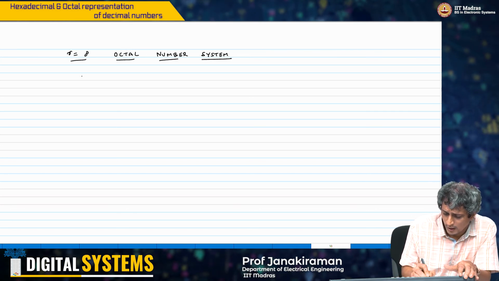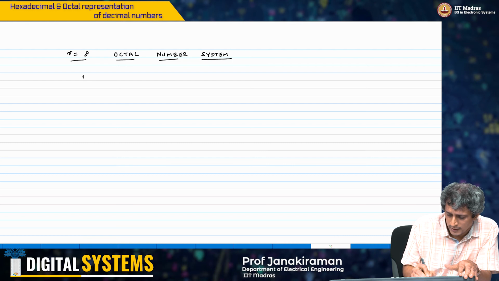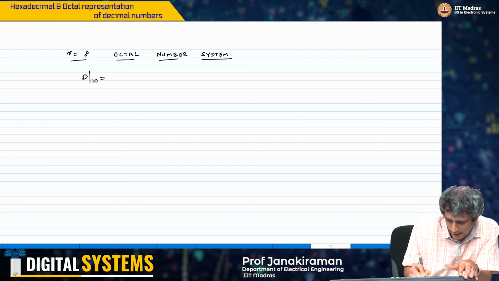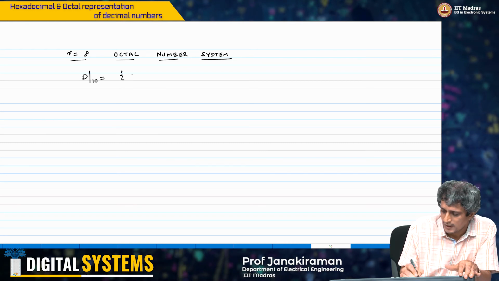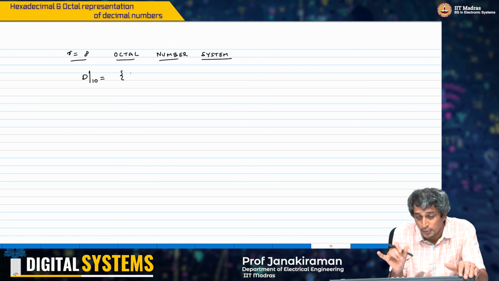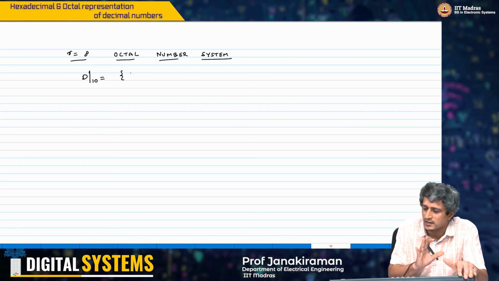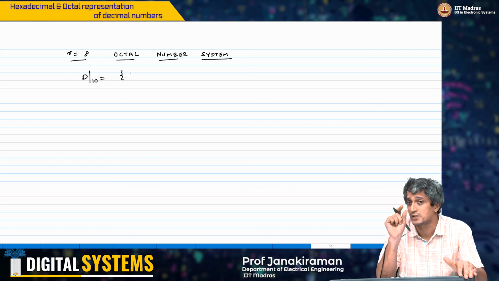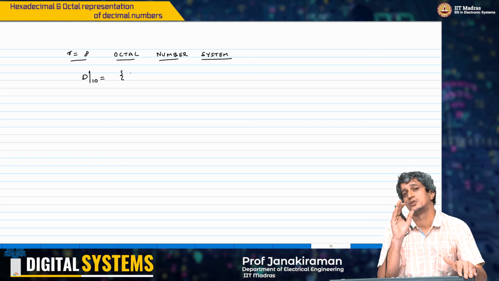So what we have here is the decimal number to base 10. I am going to now represent it using some number of digits. I can't say bits here because bits is very specific to base 2, so I am going to use the word digit.